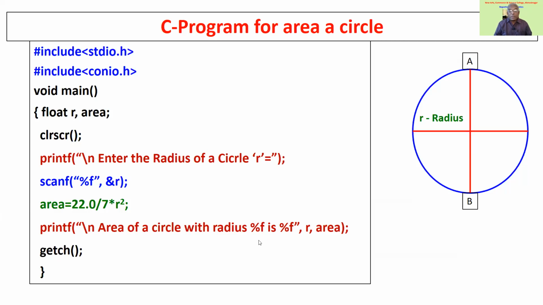So against this %f you will get a display of the value of r. Against this %f you will get the value of area. And getch, as you know, getch is for a temporary halt of the program, where you want to see what my output is, and the program ends here. So this is the C program for area of a circle.